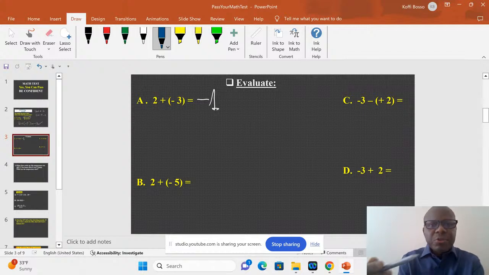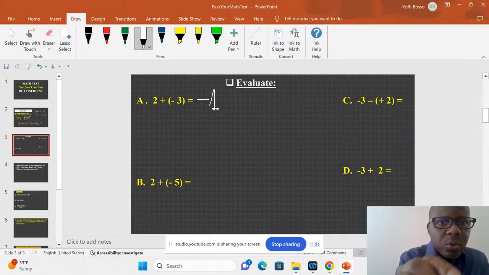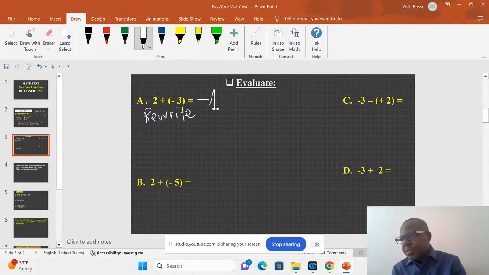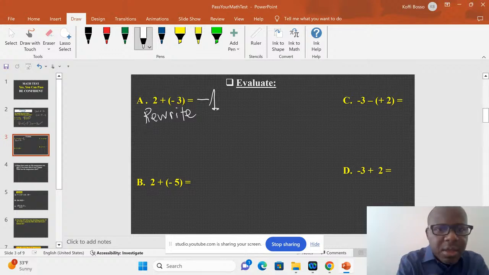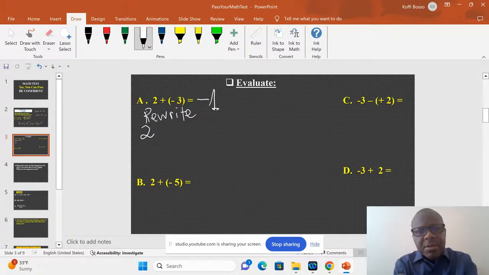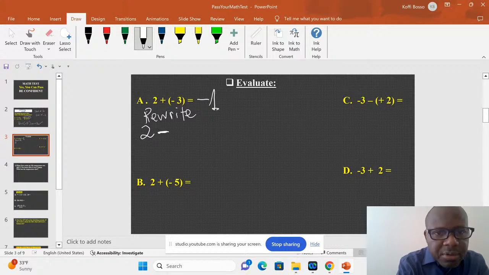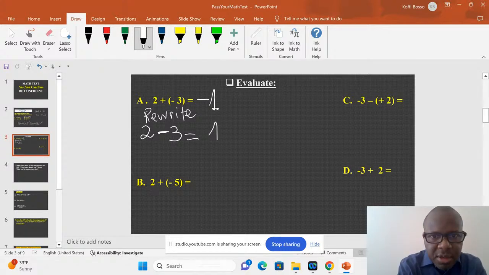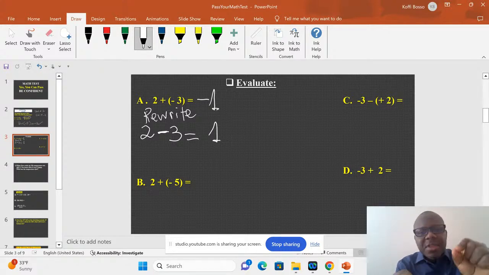Another way to solve this same question is to rewrite it without parentheses. You take a 2. Now the plus minus becomes minus, and 2 minus 3 is to do what? Take 2 from 3, you get 1, and give the sign of 3 to the result.